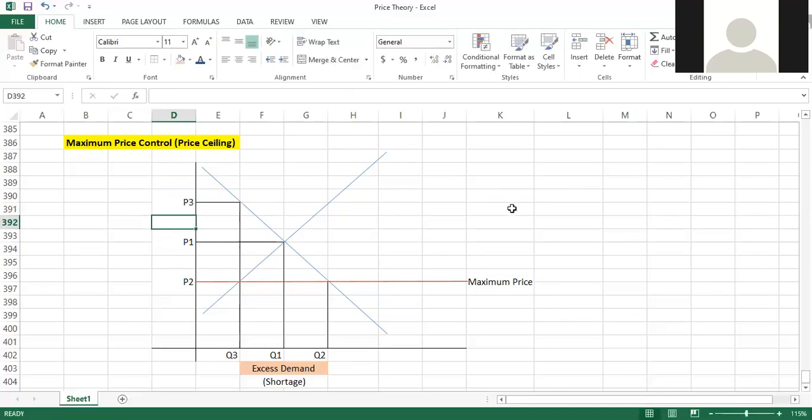The actual price can be even more than this, right? Now we can see P3 can be considered as the black market price. So this is the black market.